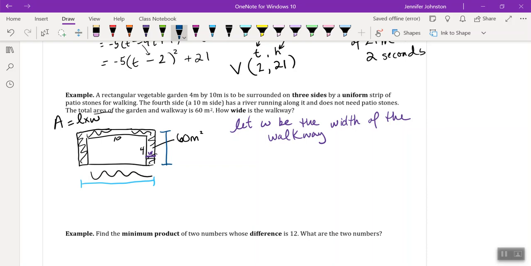That's what we're looking for, and everything is equal to 60. If we know that area is equal to length times width, we know the area is 60. How long is this? If we're calling this W, well, this is going to be a W over here and a W over here. So we've got W, 10, and then W, which is 2W plus 10.